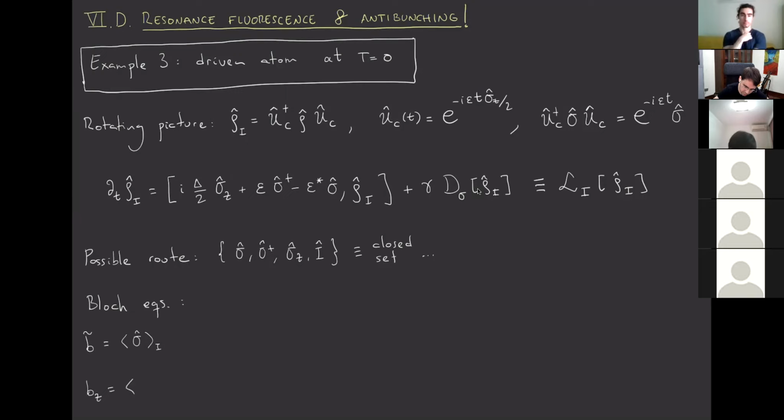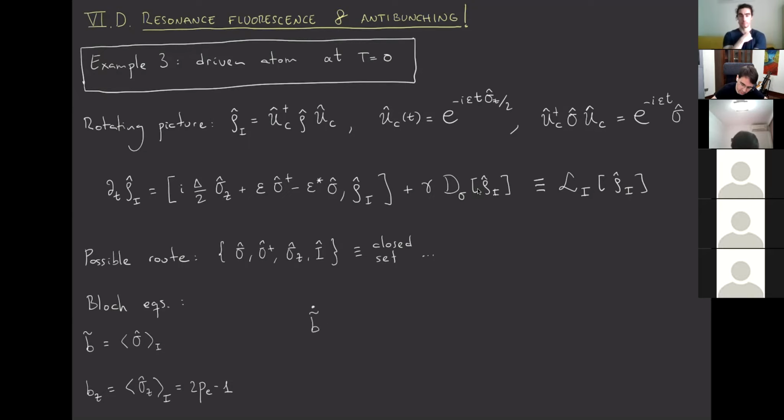And then B z is nothing but the expectation value of sigma z, which you can write, of course, as 2 times the probability of being in the excited state minus 1. Okay? These are things that we already saw when we were studying the physics of two-level atoms.